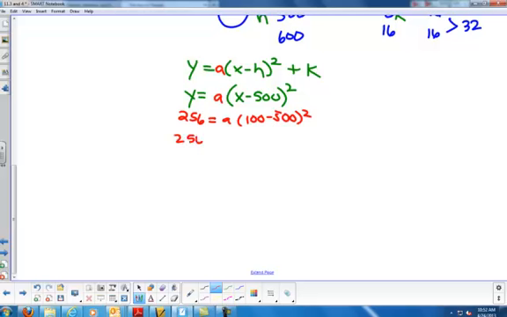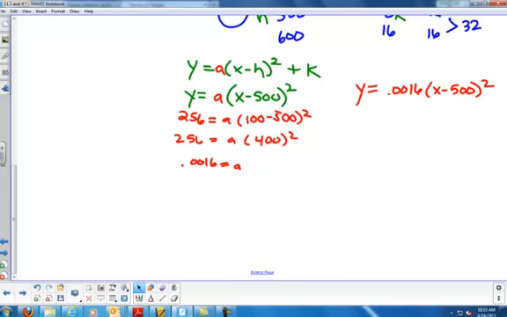So 256 equals a times 400 squared. So if I divide that out, then a is going to be 0.0016. So my equation, and we can check this on a graphing calculator, and it does work, is 0.0016 times x minus 500 squared. Aren't you glad you learned vertex form?